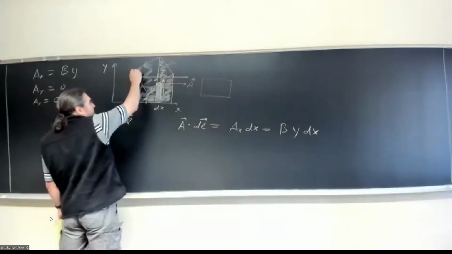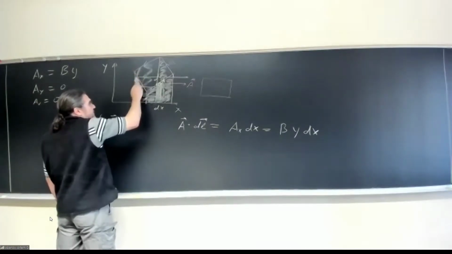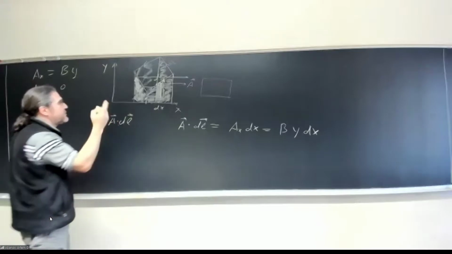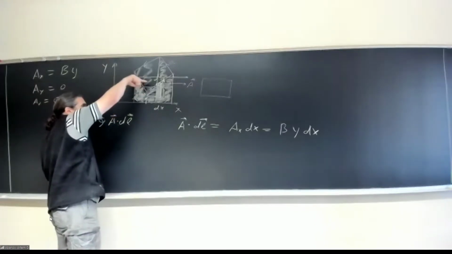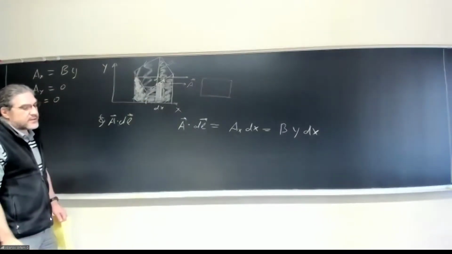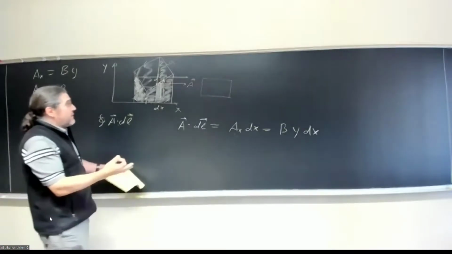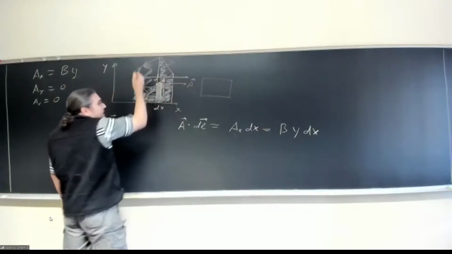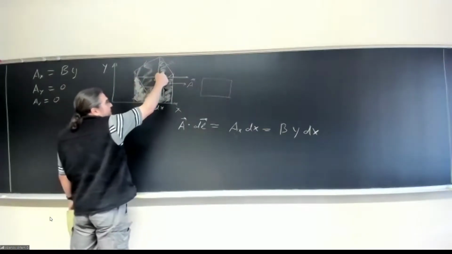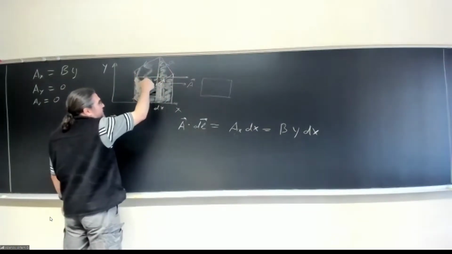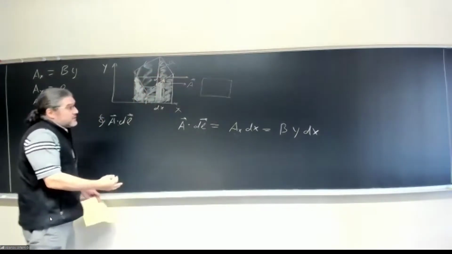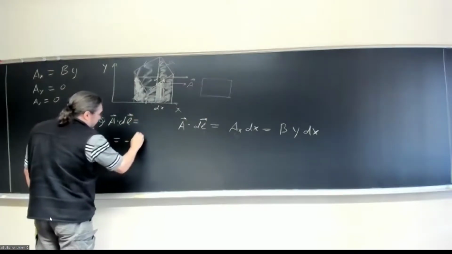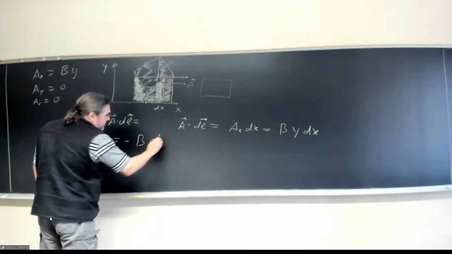And then I compute this part, and it will be this area, with the plus sign now, because dl is pointing in the x direction. So if I compute those areas, what I will find is minus the area of the square, because it's this area plus this area minus this area minus this area. So the total integral will be equal to minus b times the area of the square, which is a squared.